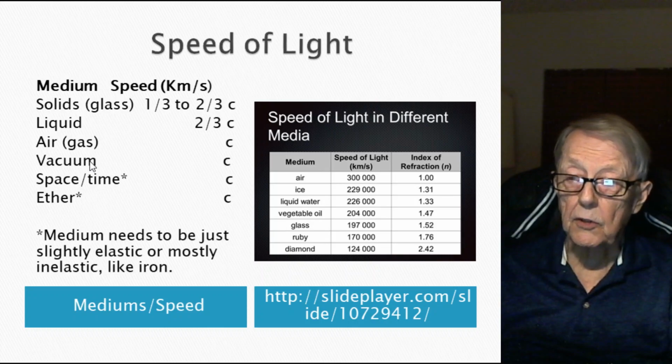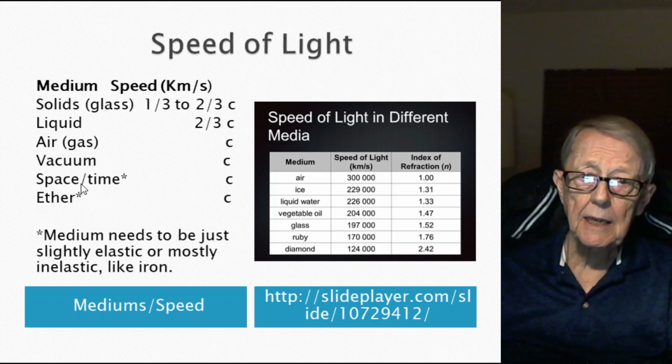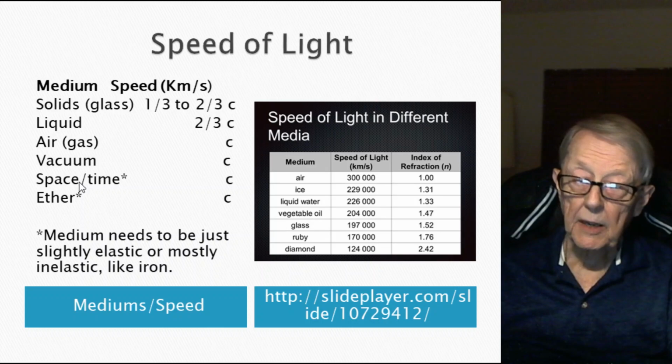In a vacuum, light moves right through. You can do that in the lab, and you can see light going through a vacuum. A cathode ray tube is an example of electrons or light going through a vacuum at speed c. In relativity, space-time is a medium. They talk about it as a fabric of space-time.